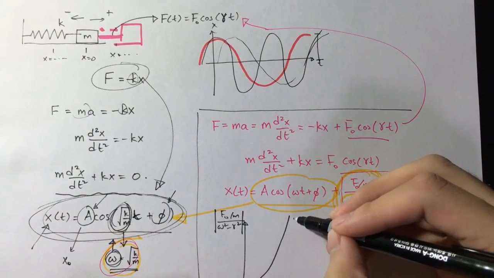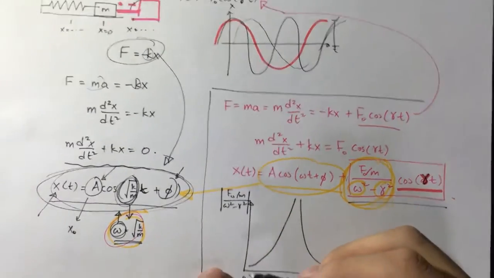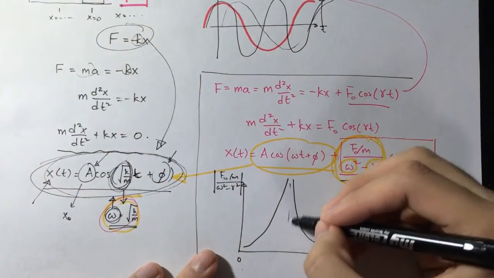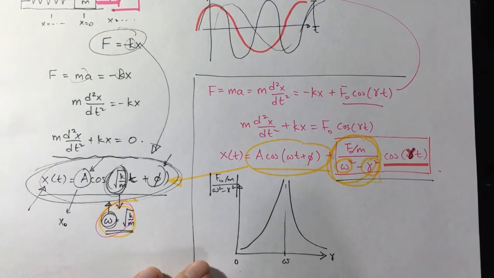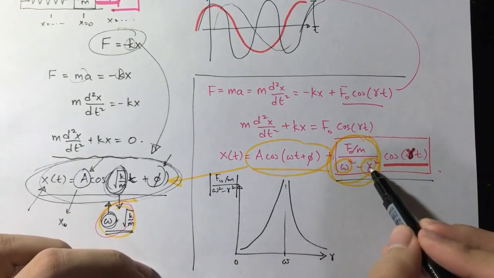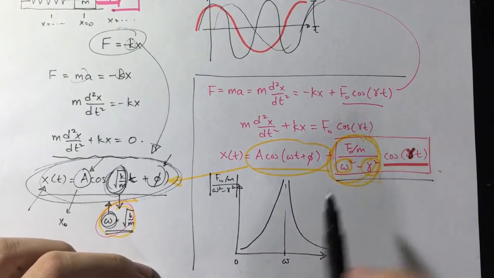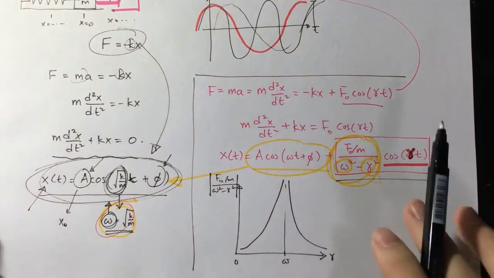It actually has two lines, and it goes off to infinity at one point, and that point is when the applied force is equal to omega. And you can see why, right? Because if these two terms are equal, then the bottom is 0 and it just tends towards infinity. But physically, what does that mean?